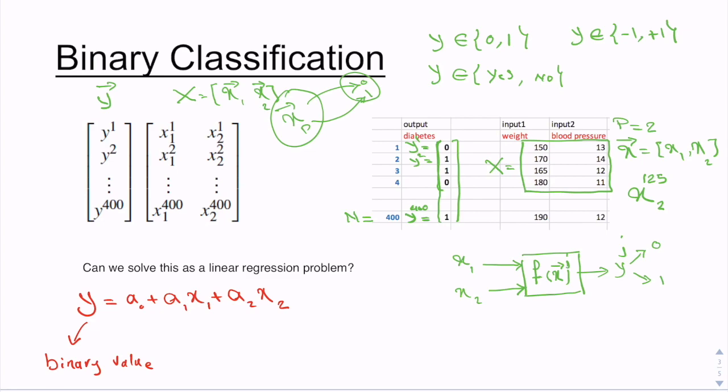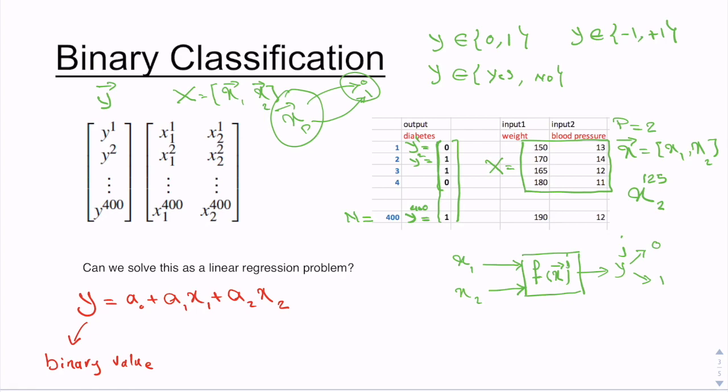So the output for this example of predicting if the patient suffers from diabetes or not follows a Bernoulli distribution rather than a Gaussian distribution. Therefore, we cannot attack this problem using linear regression. So we should seek another approach to solve this problem.